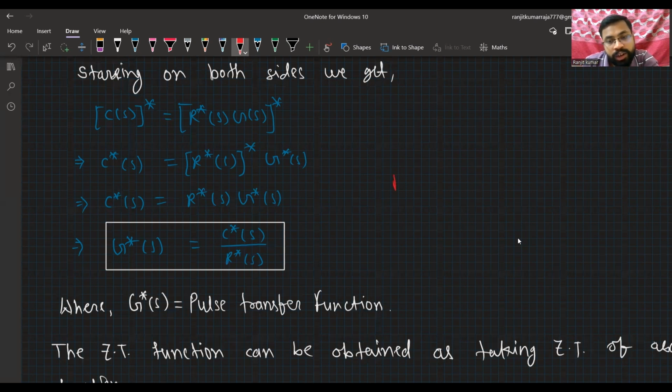Let's suppose this is R star of S, and again if we star this function, it will again become R star of S, that is the discrete signal. So R star of S whole star is the same as R star of S, and we get R star of S and G star of S.